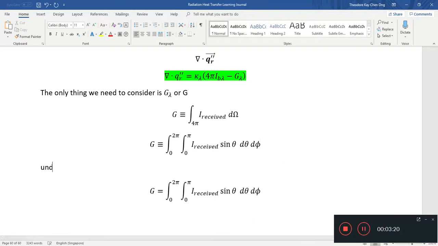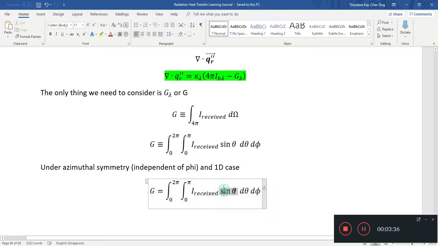So let's write under azimuthal symmetry, independent of phi, and the 1D case. What we'll have is sine theta d theta is actually minus d mu, as we have discussed before, where mu equals cosine theta.